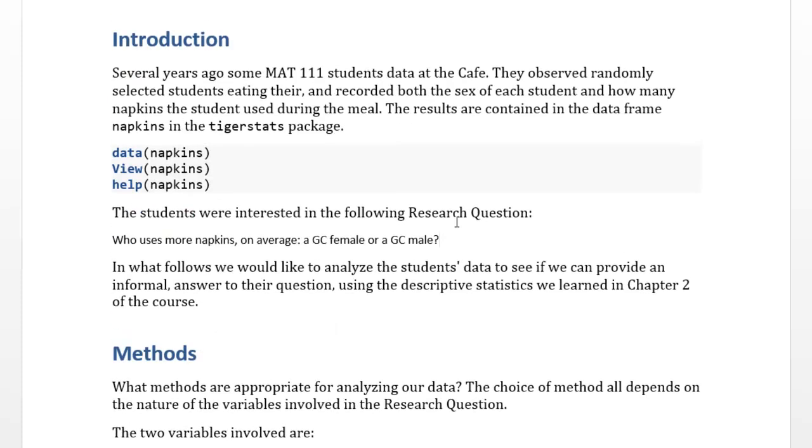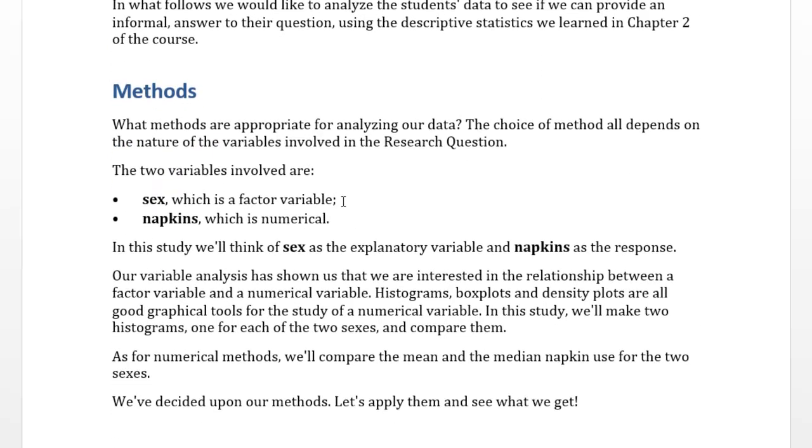In the case of the napkins data frame, if you look at it carefully using your usual tools of data, view, and help, then you'll find out that the research question, who uses more napkins, a guy or a gal, involves 2 variables from that data frame. One variable is the variable sex, which is a factor variable.